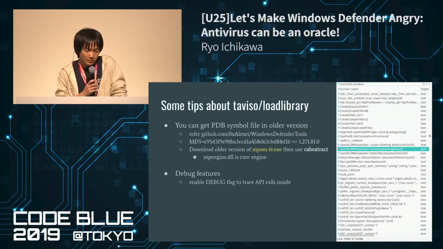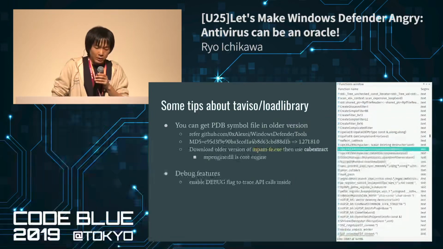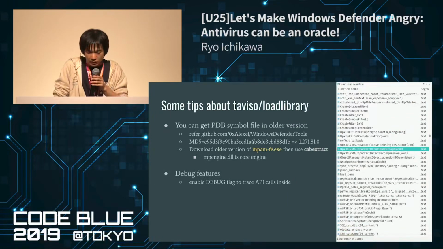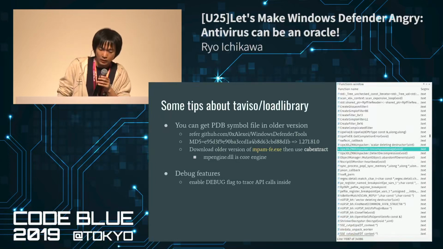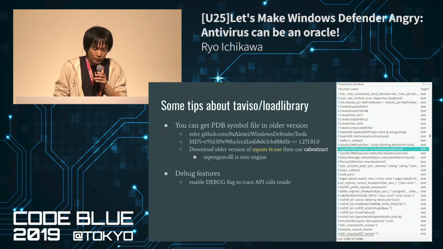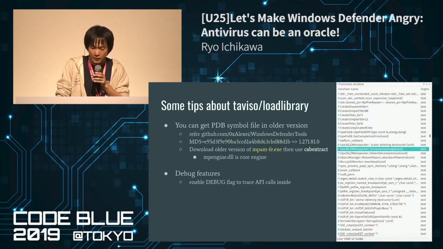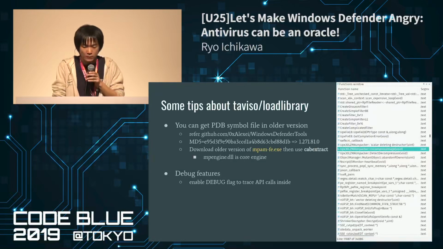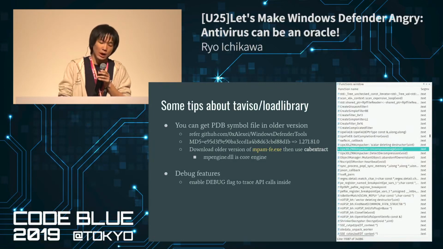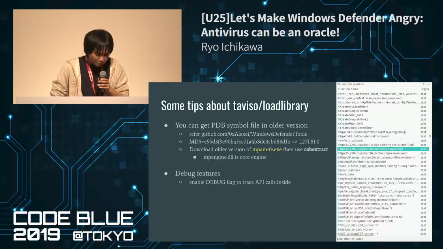So there are some tips about this tool. Actually, you can get PDB symbols files for some versions of Windows Defender from this research, in mpam-fe.exe, which is an archive of everything: the Windows Defender core engine and signature files.